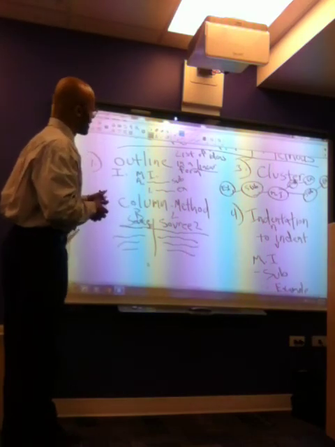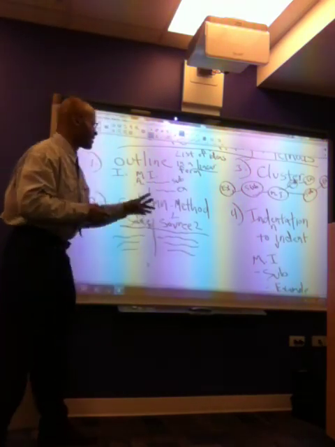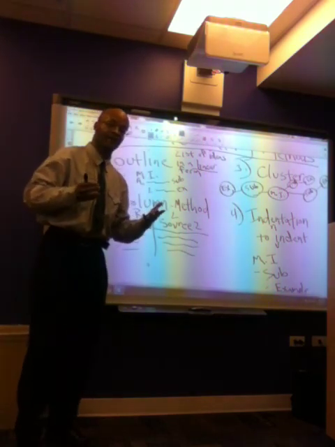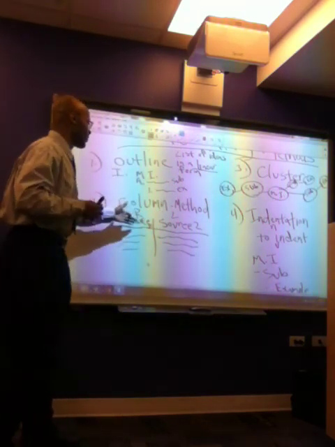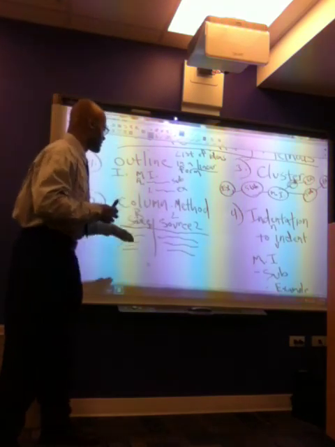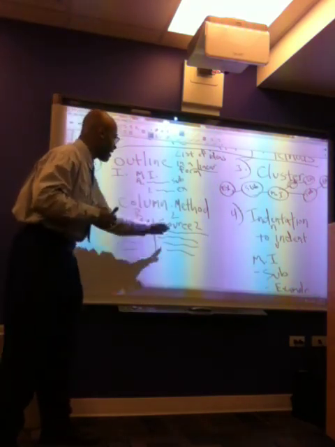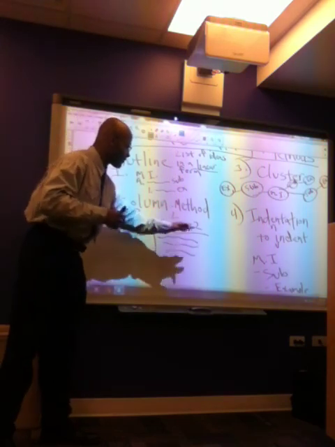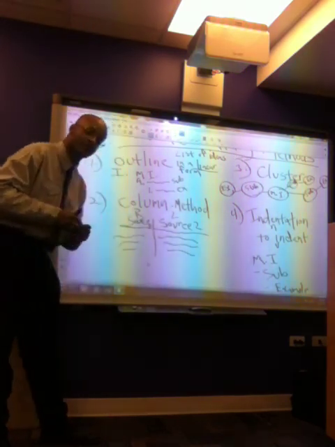Your next method is the column method. This is very ideal when you're listening to the conversation. You have your different sources, and you put them in columns, and then you just list whatever information each source gives.